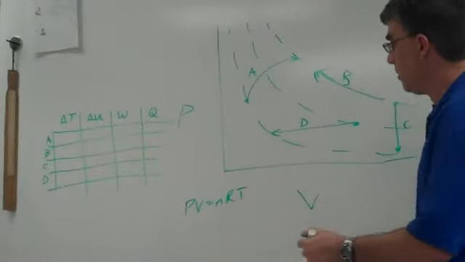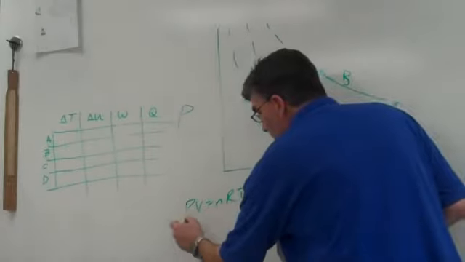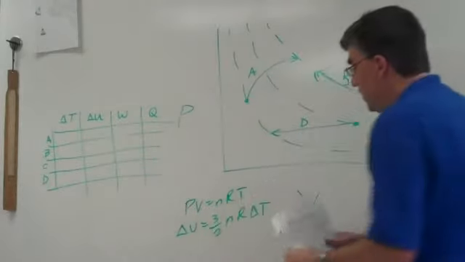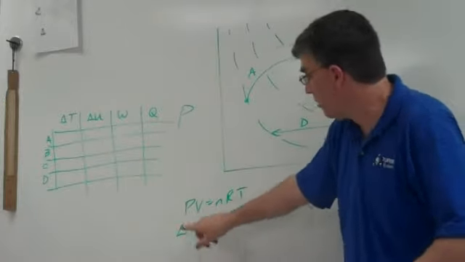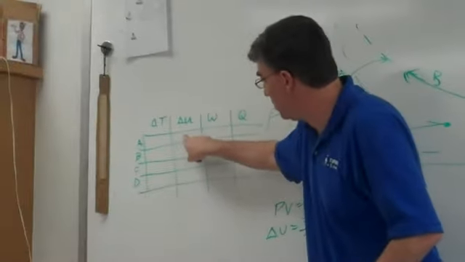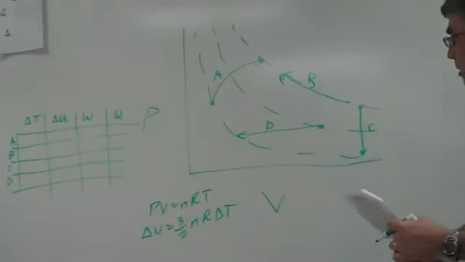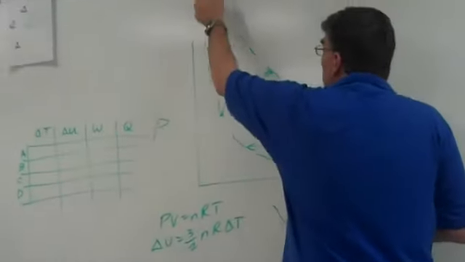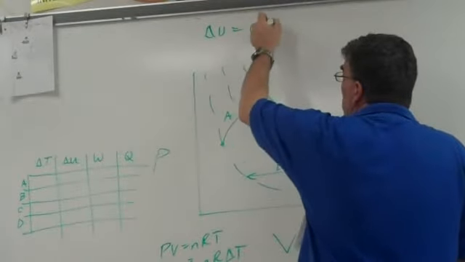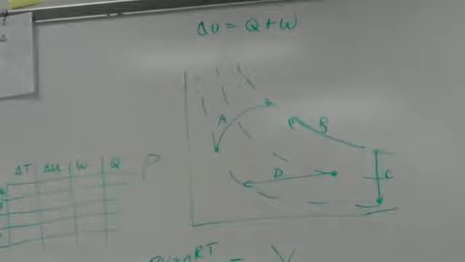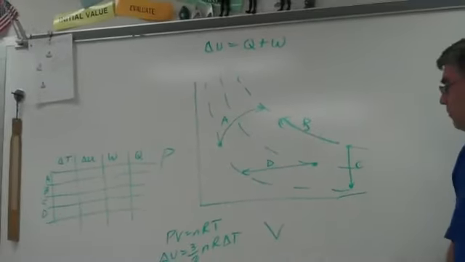And if delta T goes up, then delta U goes up. So whatever this does, this does. And then the only other equation you need is delta U equals Q plus W, one of our laws of Thermo.